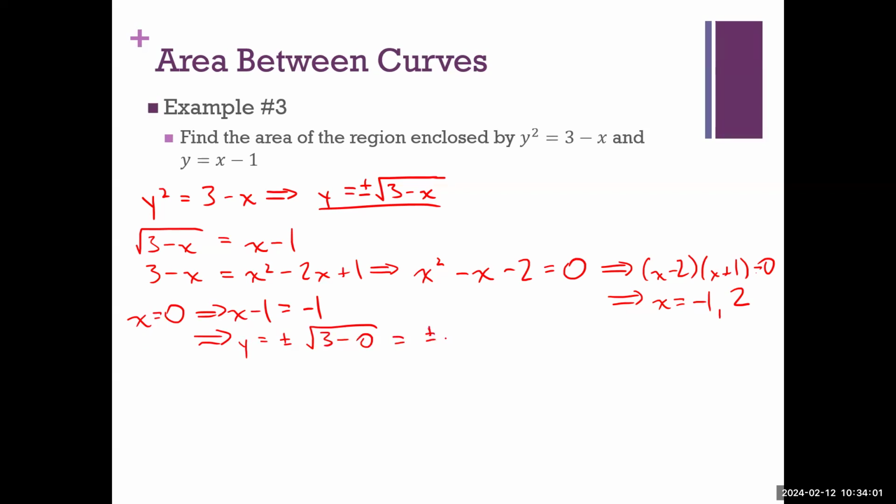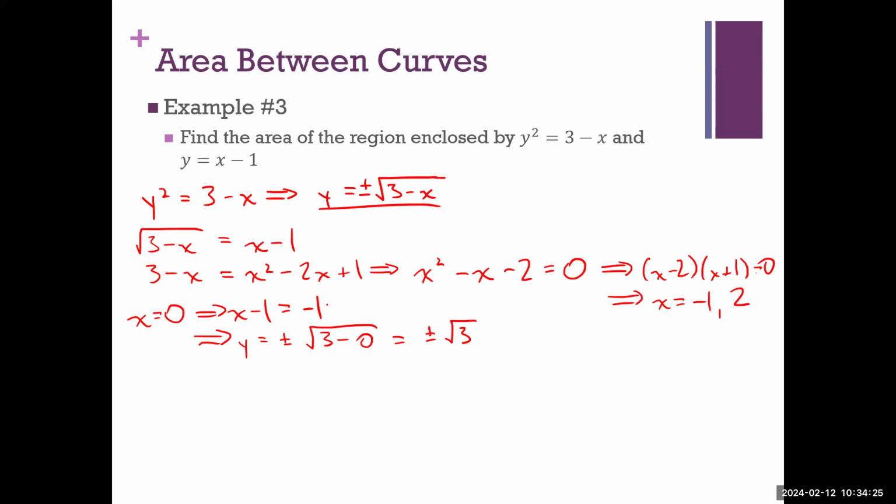So I think this is something we have to be careful about. How many points of intersection might I have gotten here? It seems like, or wait, no, this is not a point of intersection, but the negative square root of 3 is out of our bounds.